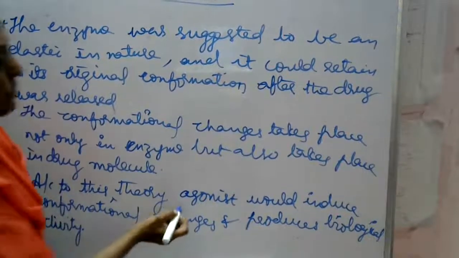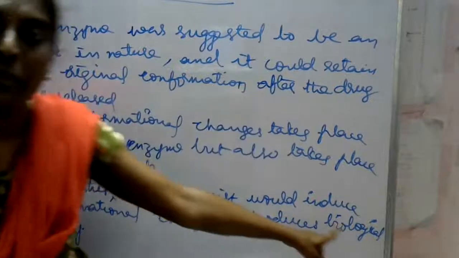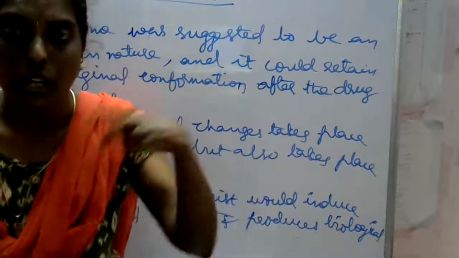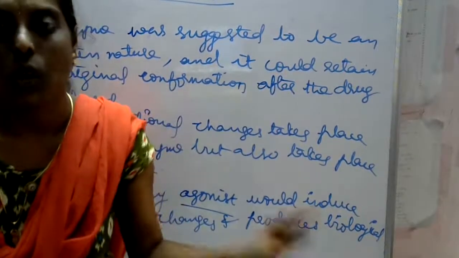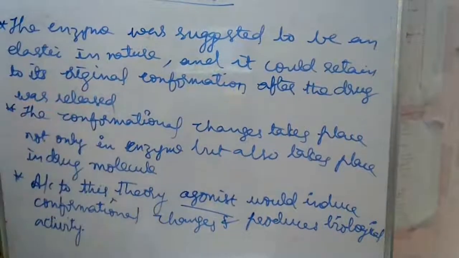What is an agonist? It induces conformational changes, thereby producing biological activity, and is called an agonist.